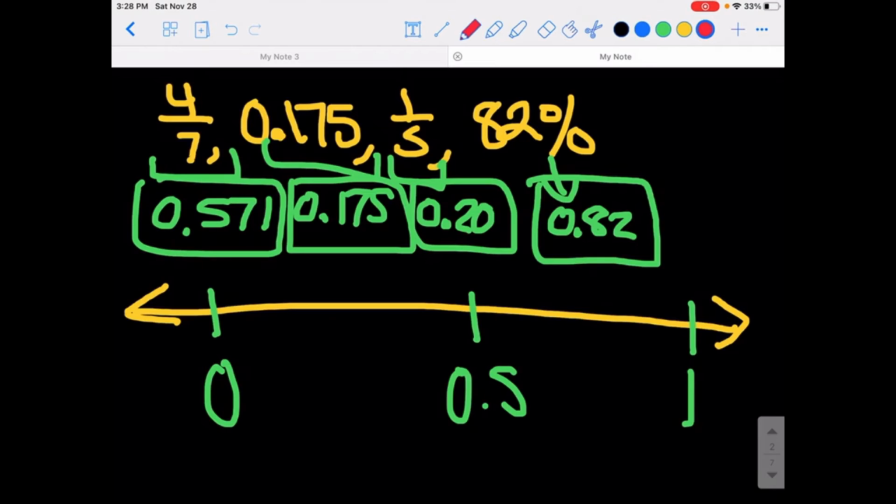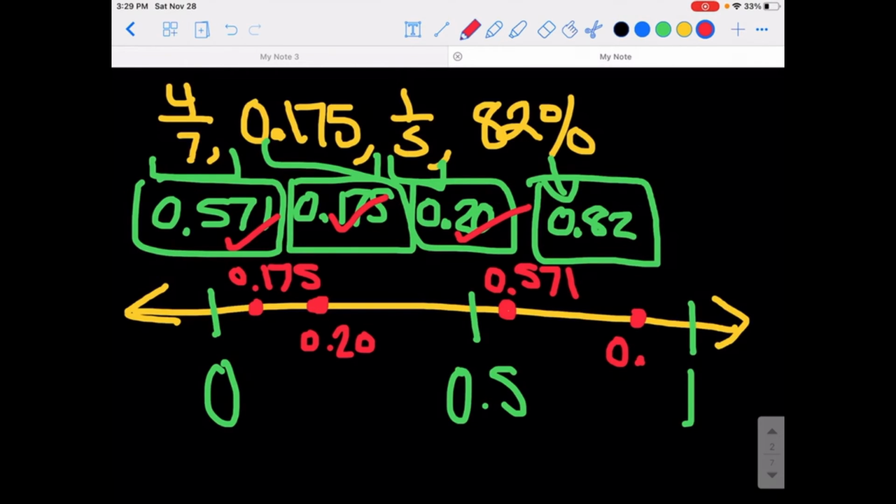Let's start with this one over here, 0.571, so that's done. 0.175 would be right over here. Then we have 0.20, which we can put right over here. And then we have 0.82, and that's over here.